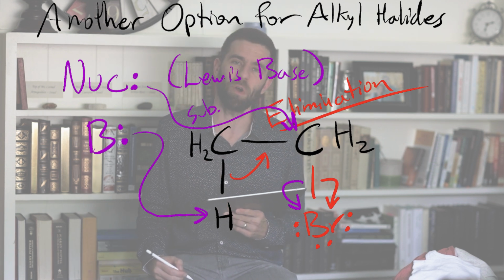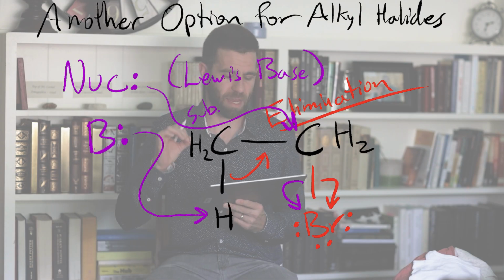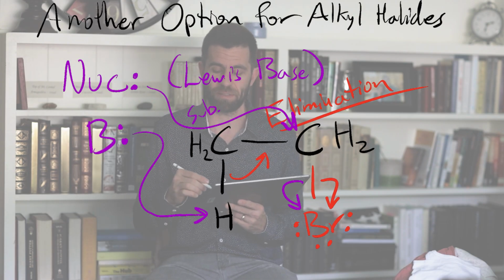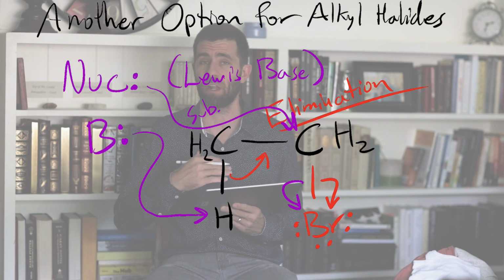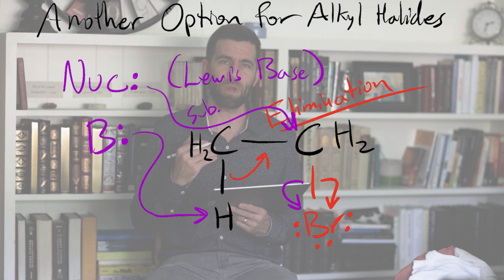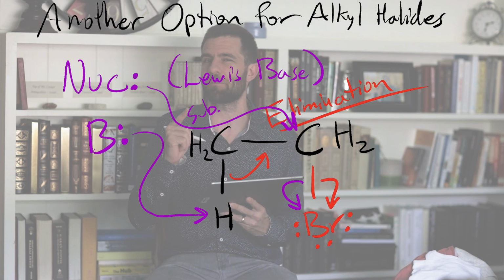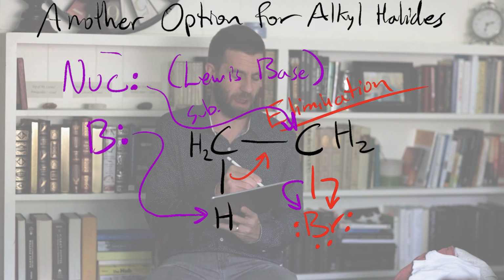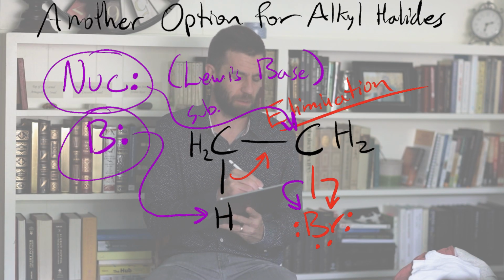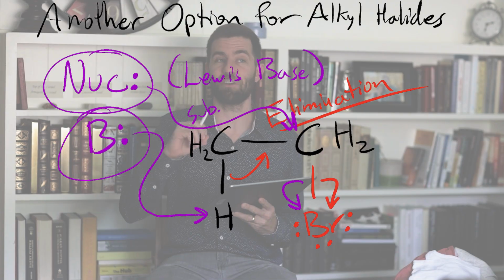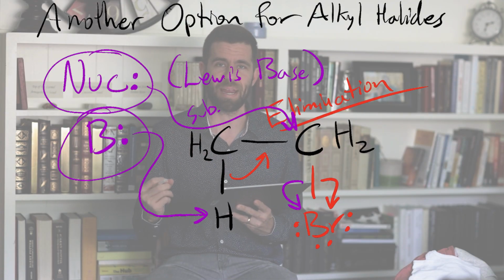You're right, it would. So we have a constant competition in this entire chapter, and really all of organic chemistry, between these options. And you'll notice there is a fundamental difference between them. Whatever we use as our nucleophile is either going to be a nucleophile or it's going to be a base.